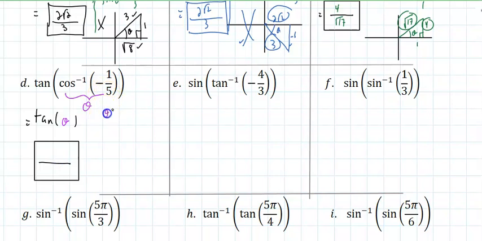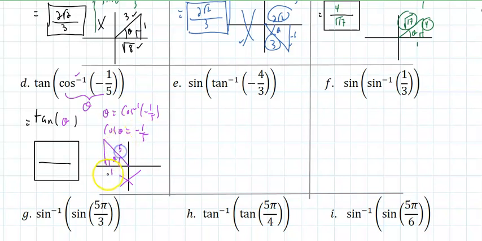If I let theta equal the inverse cosine of negative 1/5, that means I must have had the cosine of theta equal negative 1/5. Well, which quadrant am I in? Cosine is negative in quadrant 2 or 3, but an inverse cosine can only be in quadrant 1 or 2, so I must be in quadrant 2.